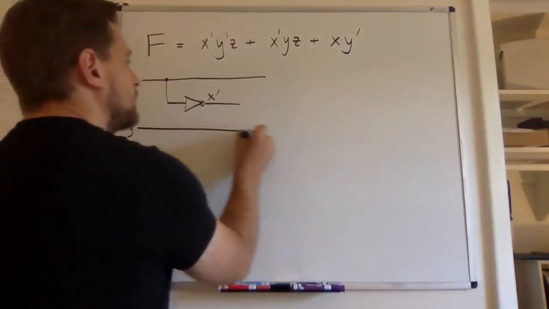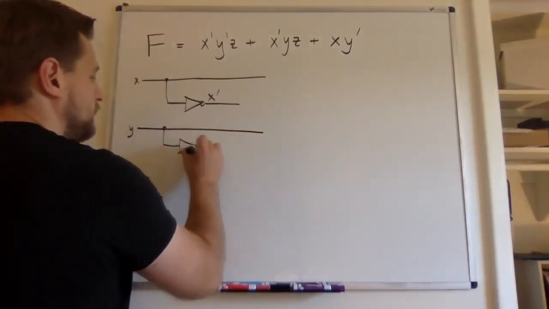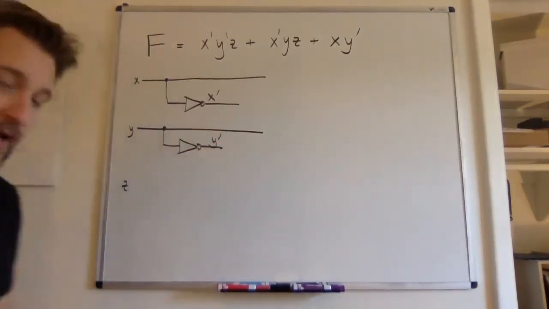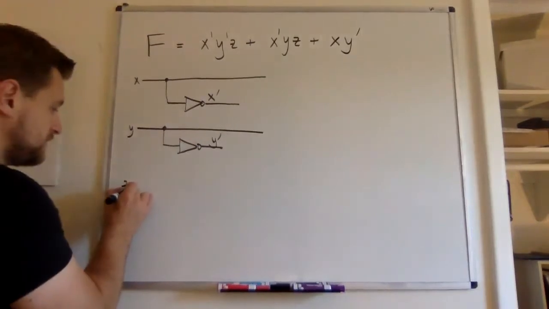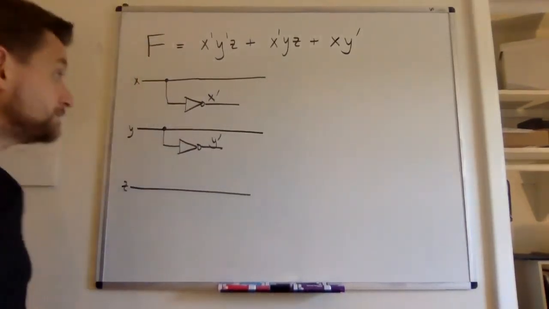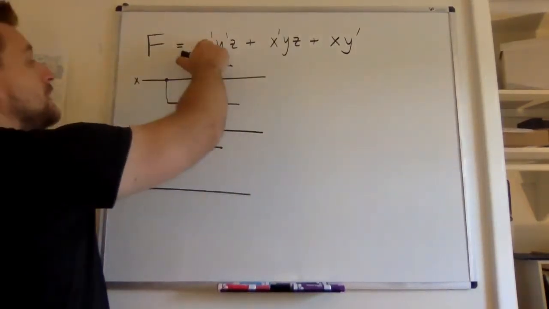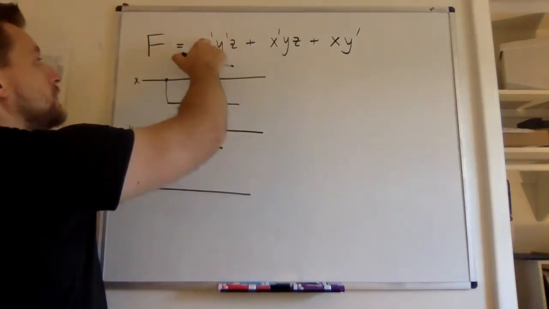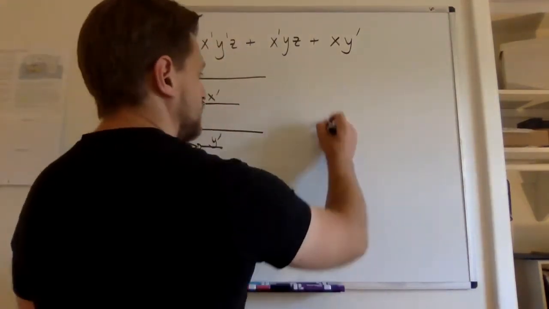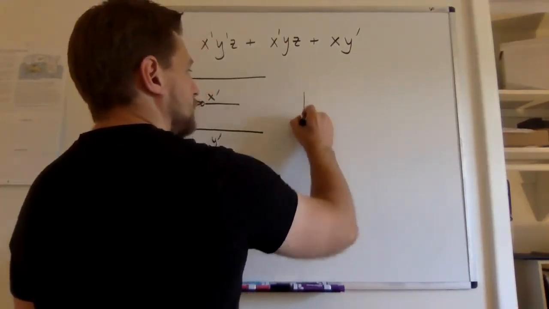Let's do the same thing for input Y. Use an inverter to get not Y. Input Z, we just need. We don't need its complement. So the AND of not X, not Y, and Z. I'm going to put that here.